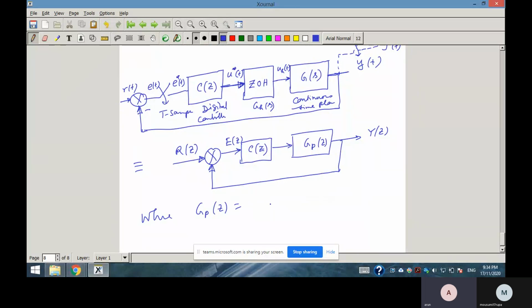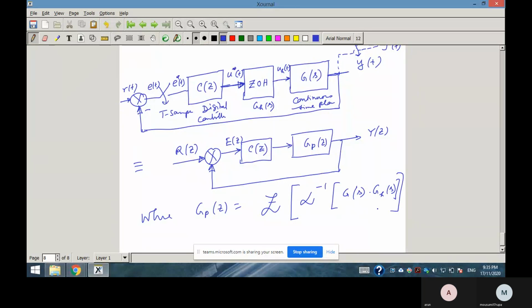Gp(z) is what? Gp(z) is the Z transform of G(s) times GH(s), taken through the Laplace inverse. So this is a very important relation: the Z transformation of the Laplace inverse of G(s) into GH(s).